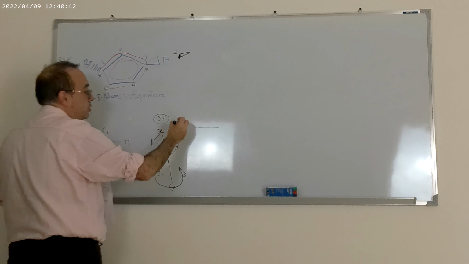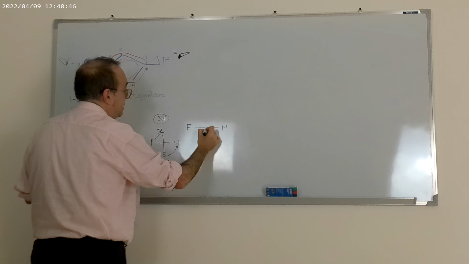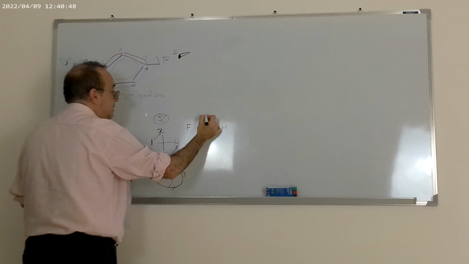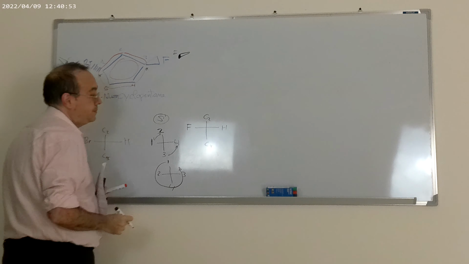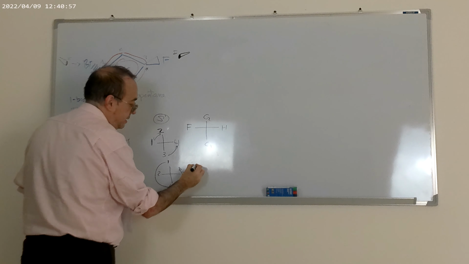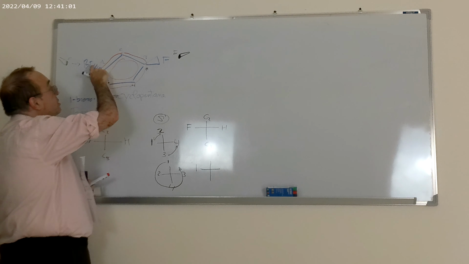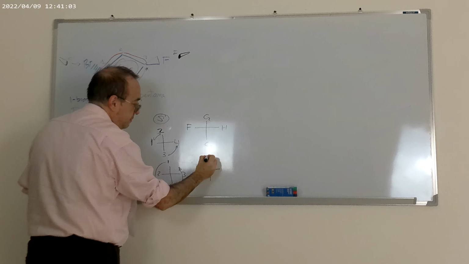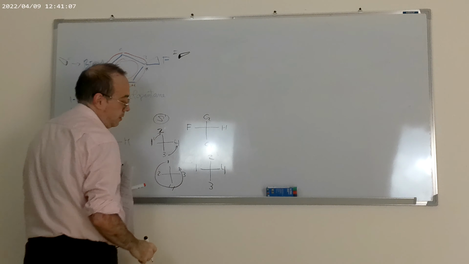That means fluorine will be on my left, hydrogen on my right, and then C2 up, C4 down. And again, I will give the priorities. Highest priority, the fluorine. Okay. Then the second priority will be the C2, because the bromine is closer to C2. C4 is 3, and the hydrogen 4.